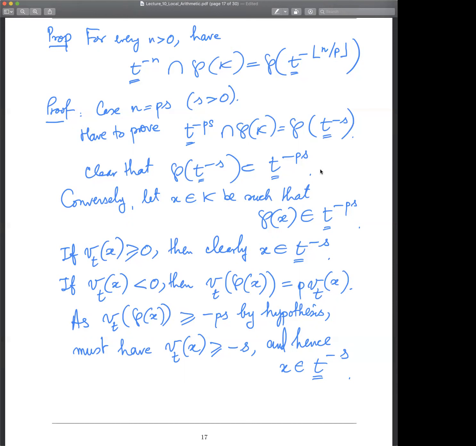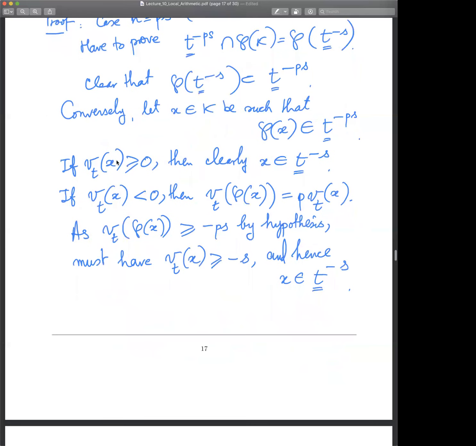Now, one of the inclusions is clear: the right hand side is contained in the left hand side. So let's take something in the left hand side. It's an intersection, so an element of the left hand side will look like P of x for some x in k, such that P of x is in T to the minus ps.